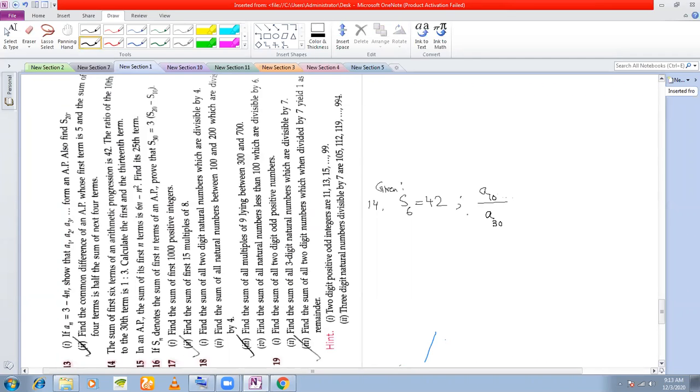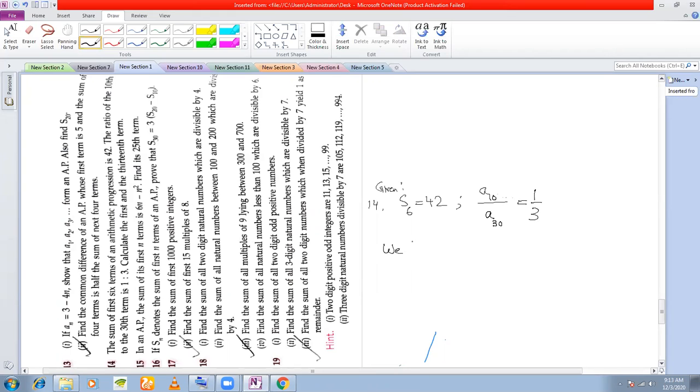The ratio of the 10th term to the 30th term is given to be 1 by 3. Question is calculate the first term and the 13th term. In order to calculate the first term and the 13th term, you first need the first term and the common difference. If you know the first term and the common difference, why only 13th term? You can determine any term actually. So let us start with S6.